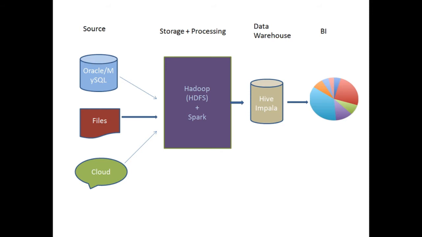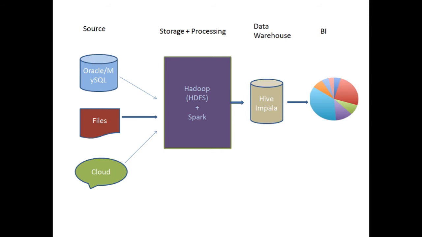There, we have to process the data using Spark. Spark is supported by all four languages, right? Scala, Java, Python, and R. Usually, 90% of projects will use Scala only, Spark Scala, because Spark has been developed using the Scala language.